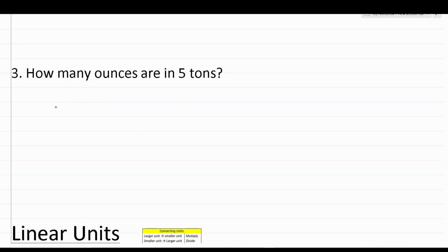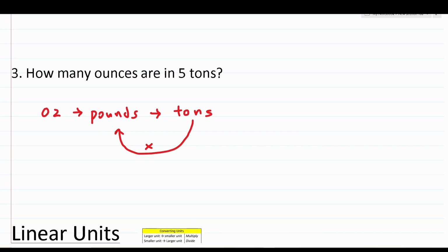All right, so this third one says, how many ounces are in 5 tons? For this one, we're going from tons to ounces. That said, we're going to need all 3 of our units for weight and mass to make this conversion: ounces, pounds, and then tons. And if you recall, when we go from a big unit to a small unit, we multiply. So the first thing we're going to do is go from tons to pounds, and we're going to be multiplying.